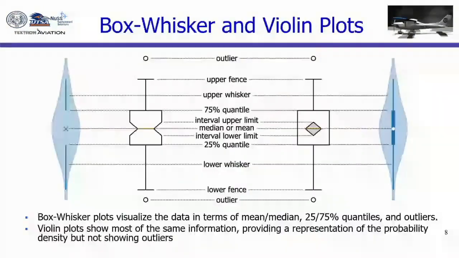Now, another way that people sometimes visualize data measurements would be box whisker or violin plots. And so these are just taking, say, 5 numbers out of your distribution: the max, the min, the 25% quartile, 75% quartile, and the mean or the median, and making one or the other type of plot from those 5 pieces of information.